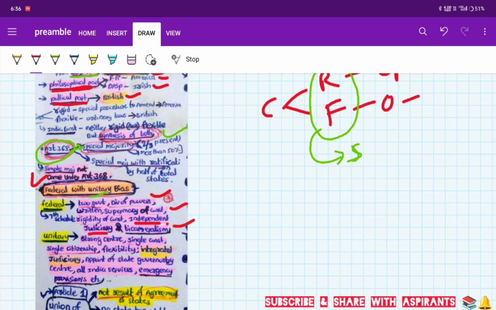Then the unitary features are a strong center, single constitution, single citizenship, flexibility of the Constitution, integrated judiciary, appointment of governors, all India services and emergency provisions. These are the unitary features of the Constitution.